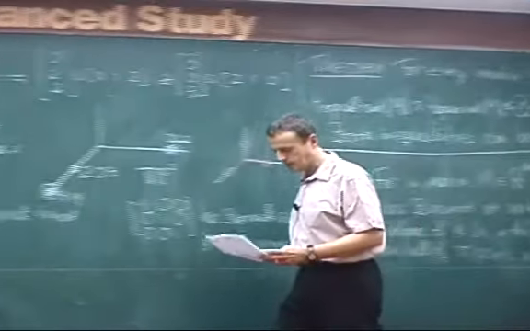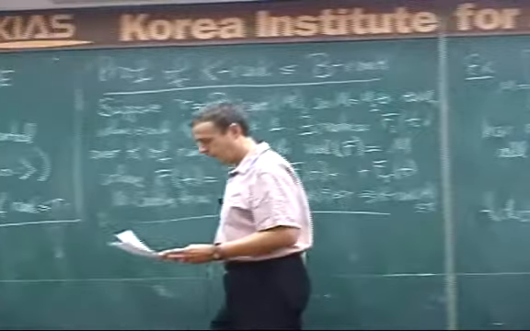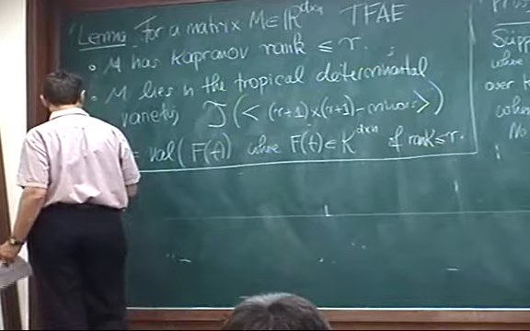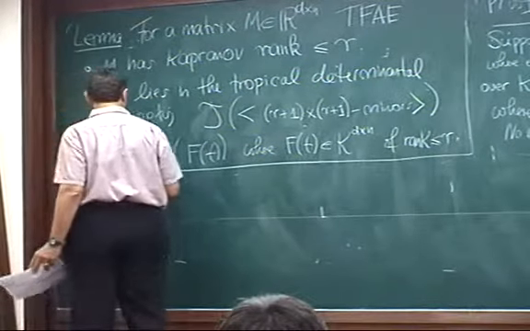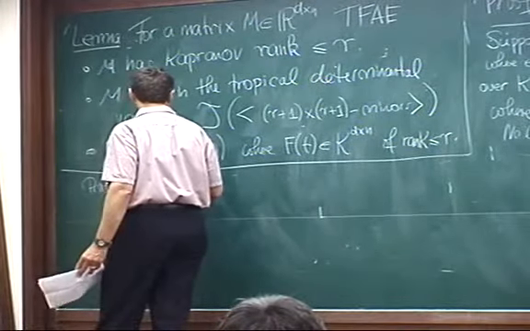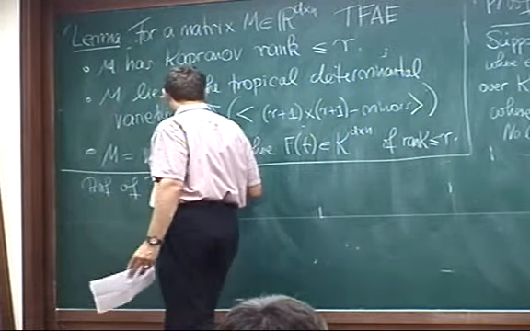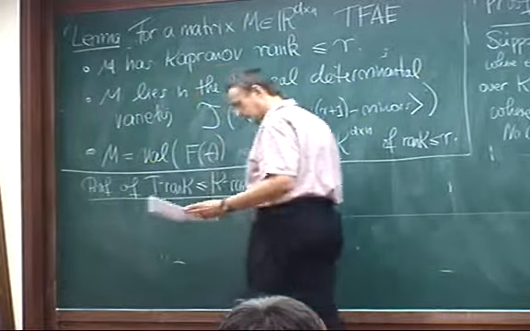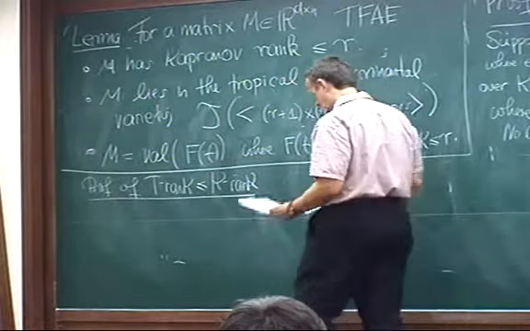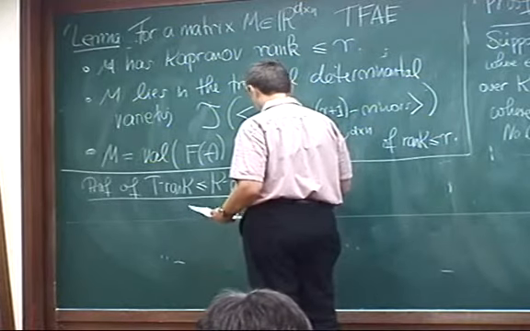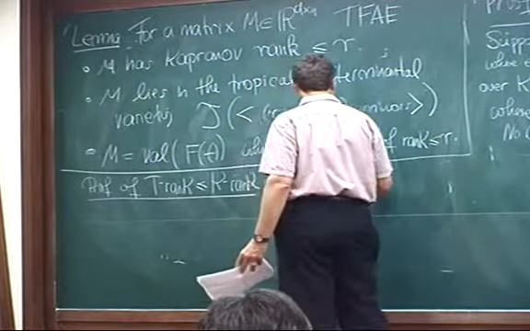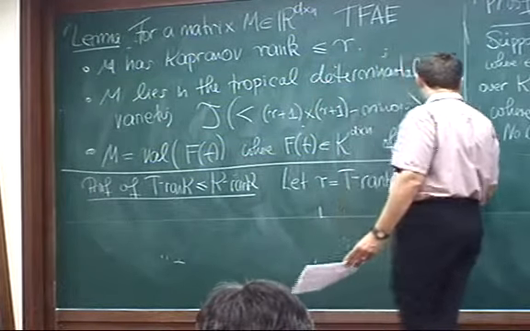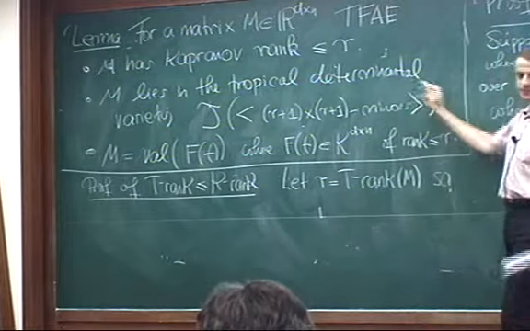Now let's prove the other inequality. Let's prove that the tropical rank is less or equal to the Kapranov rank. So the T rank is less or equal to the K rank. Okay, so let R be the tropical rank of M. I'm going to use now the second characterization.